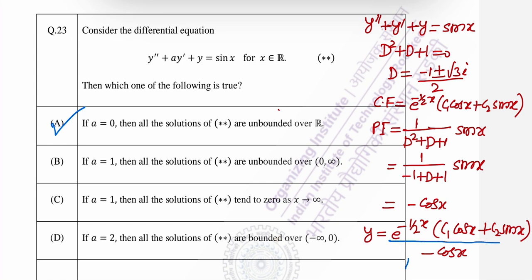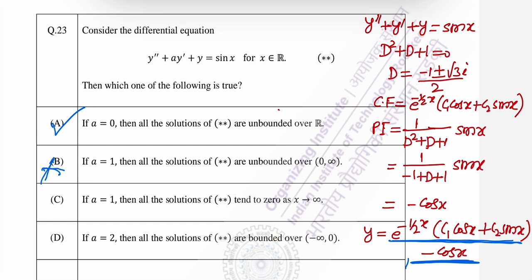The first part is this one. When you tend x to infinity, this part will be 0, so this part is bounded. The second part is minus cos x, which is already bounded, so the whole thing will be bounded. So option B is wrong. That is the reason option B is wrong.